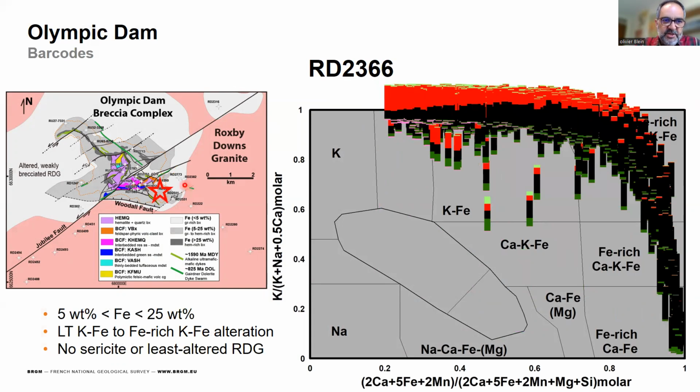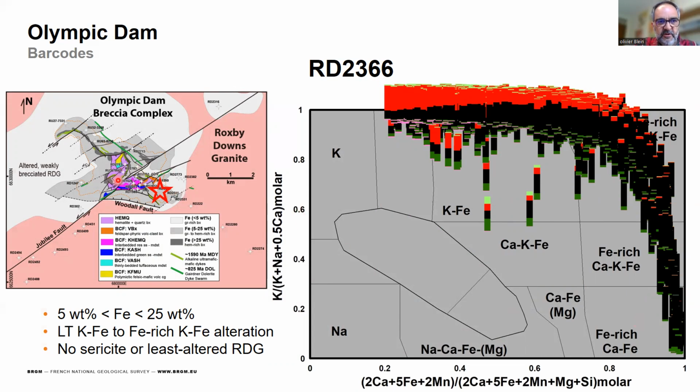In the intermediate zone, there is no relic of granite, no sericitization. We observe a continuous trend between potassic iron alteration and Fe-rich alteration, with abundant iron-rich facies.